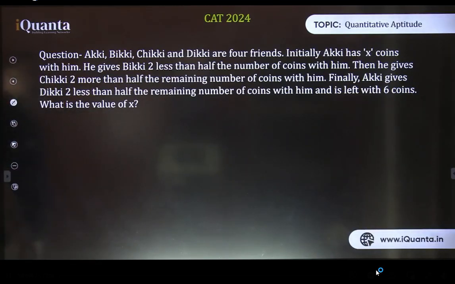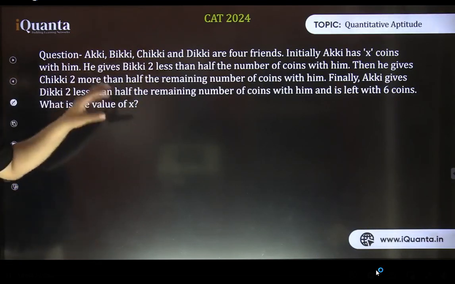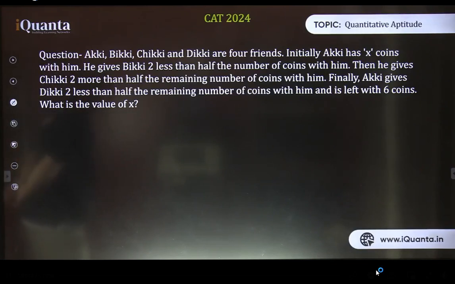Here's one more question. So this time there are 4 persons, but the story is different. Try to solve it. Yes, Kashish, that is the point of practice. Even if you are unable to solve it in the first go, when you solve a similar question again, you will certainly be able to solve it.